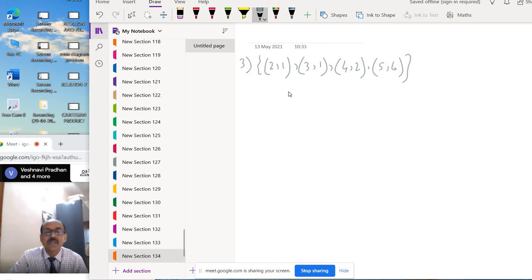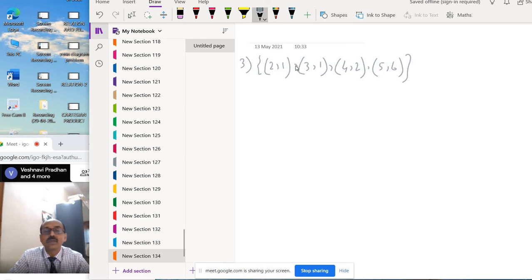Same element with 2 images, or more than 2, is not possible. But 1 is an image of different elements, 2 and 3, and different elements can have the same image. So it is possible.